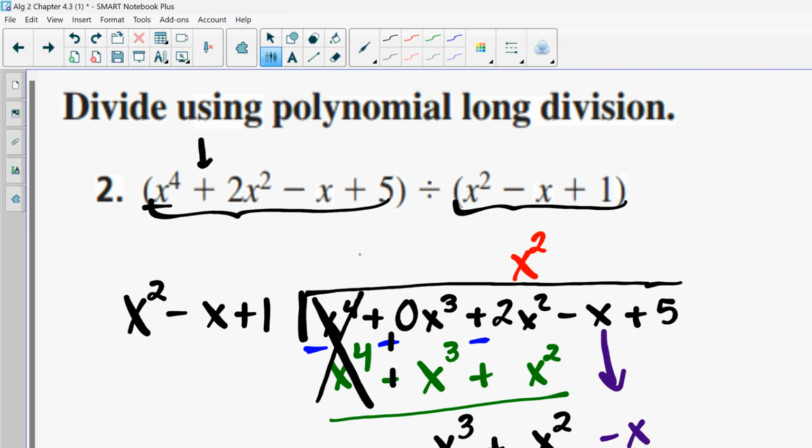And then our next step is to bring down the negative x. Questions on this here?